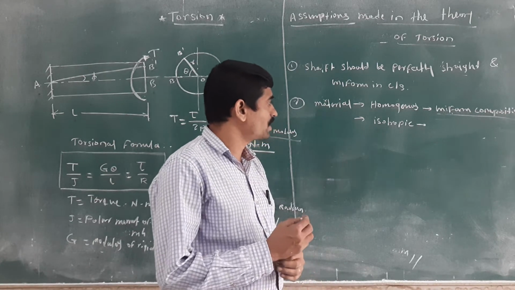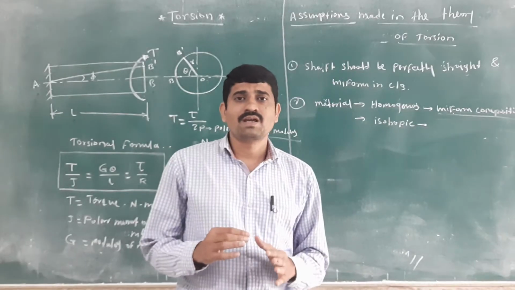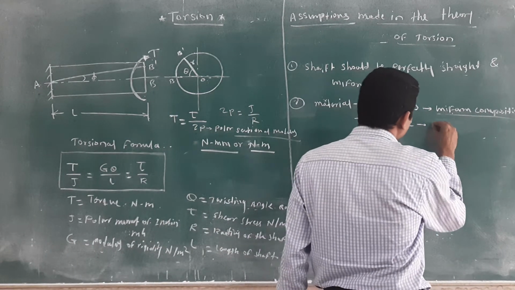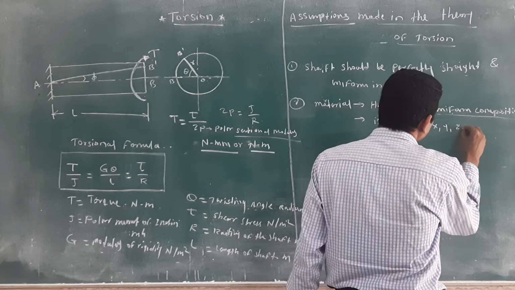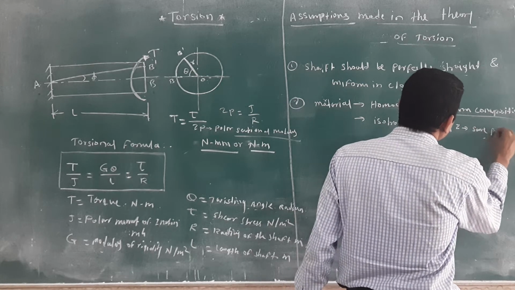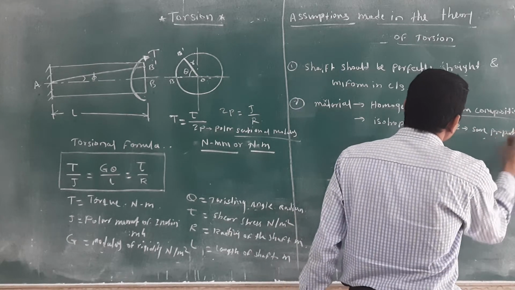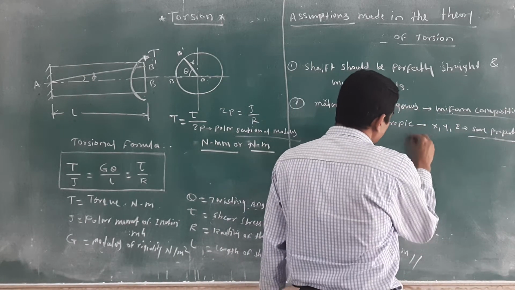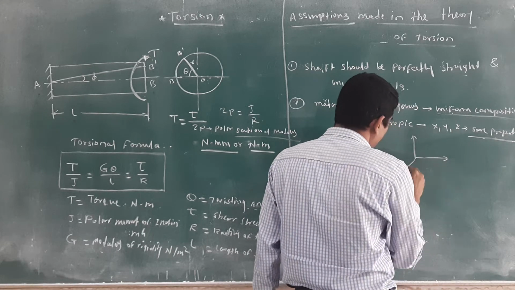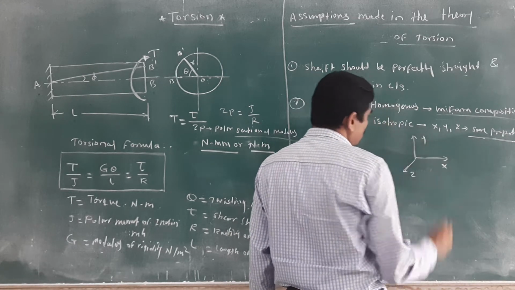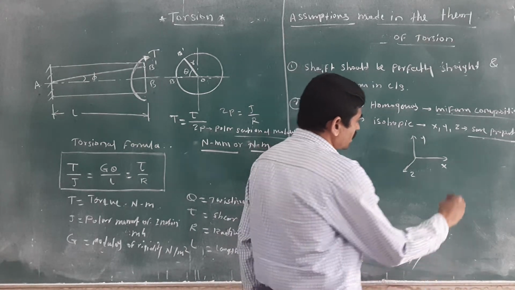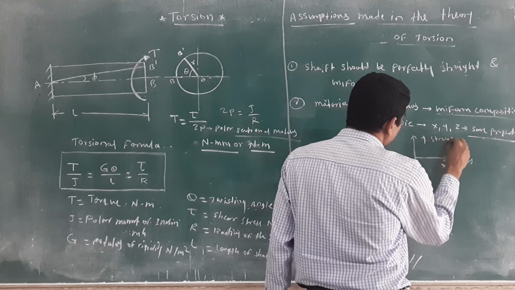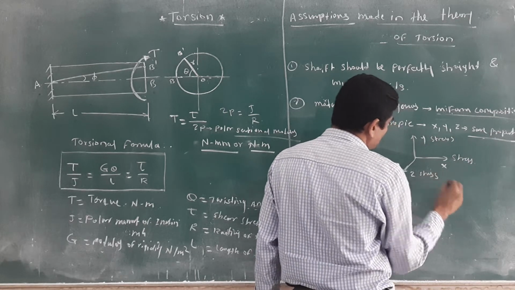Then what is isotropic? You will get the same property in the x direction, y direction and z direction in an isotropic material, or we can say identical properties. If you check the stress in the x direction, you will get the same stress in the y direction and the same stress in the z direction also.